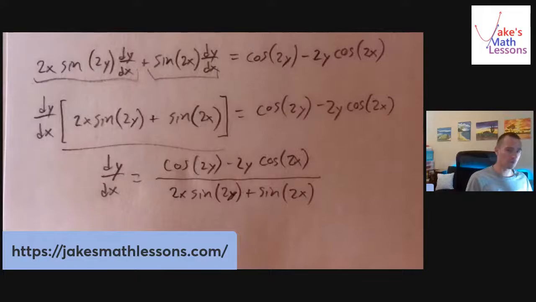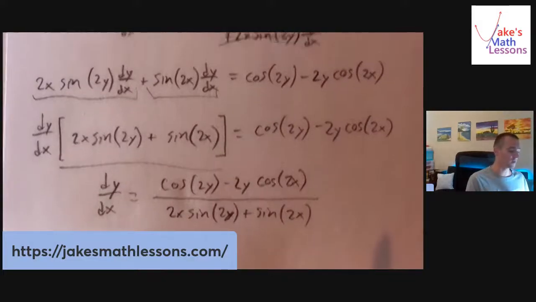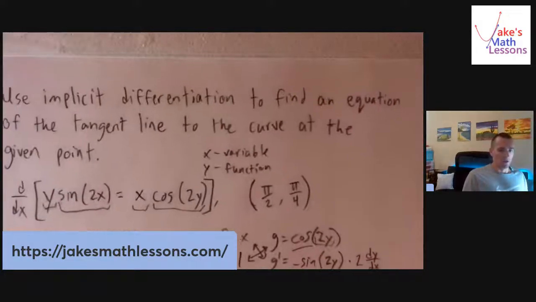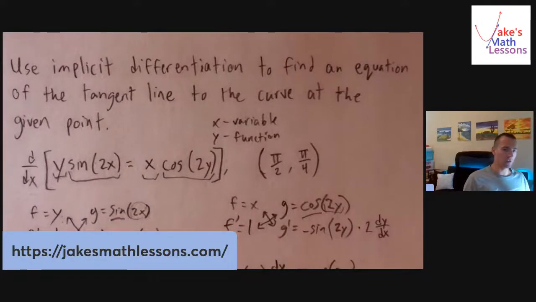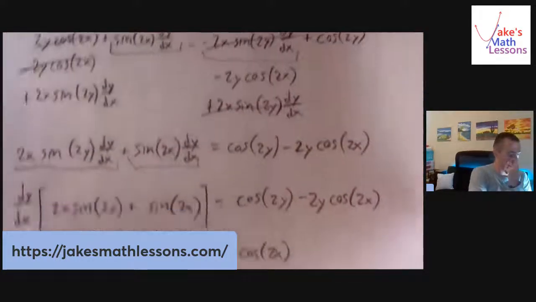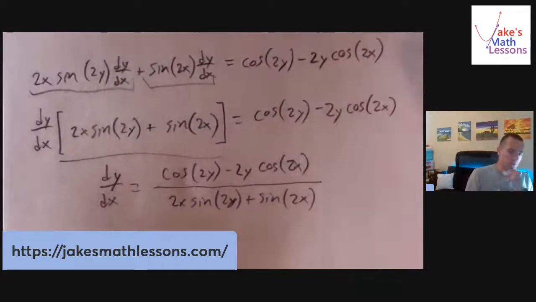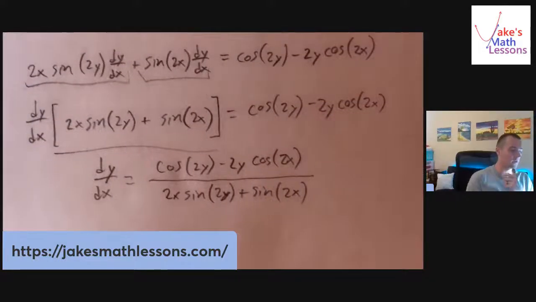But remember, there is a little bit more to this problem, because what they told us to find was the equation of the tangent line to the curve at the given point. So now we have dy/dx. Well, what you want to think about is, what is a tangent line? A tangent line is just a line that shares two things in specific with the curve that you're making the line tangent to.